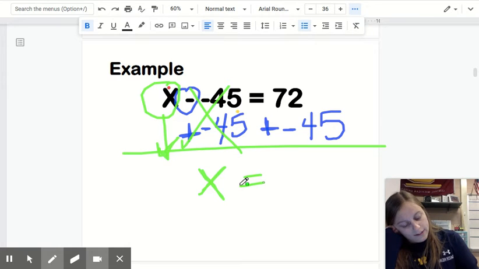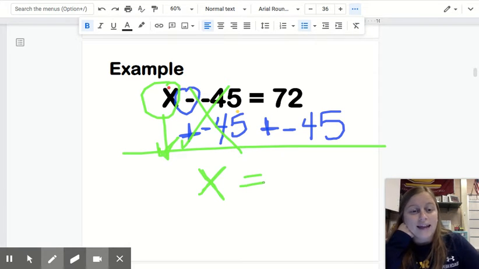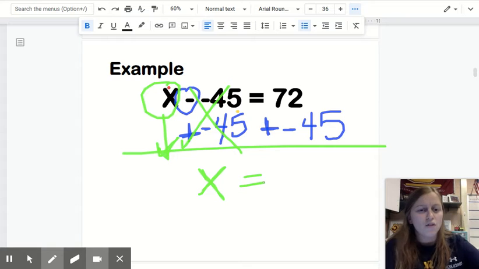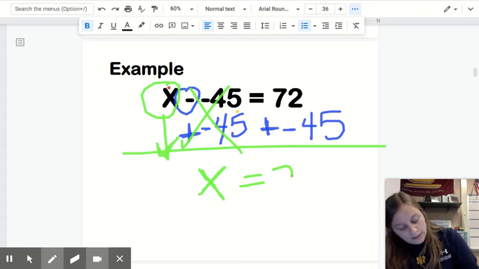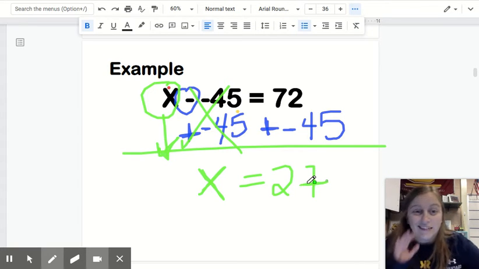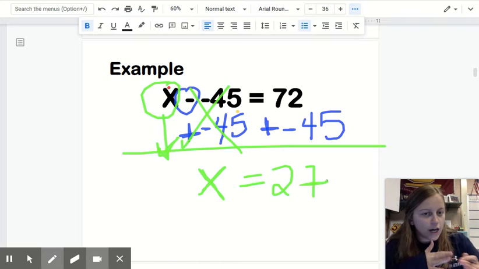Over here, 72 plus a negative 45. You have calculators, so you might as well type them in and use the calculator if you have it. So we've got 72 plus negative 45 is going to give us 27 because different signs subtract. We subtracted those digits. X equals 27.